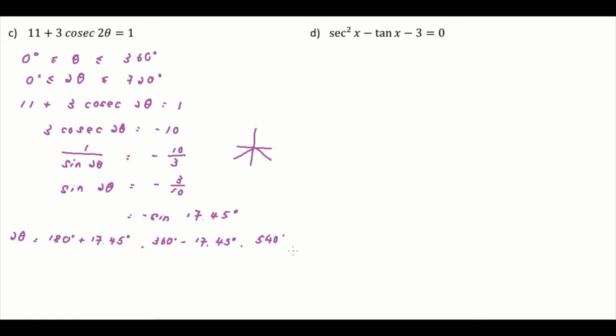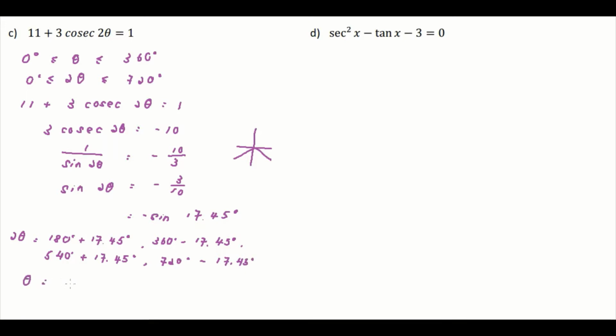Sorry, I should write over there. Okay, 540 plus 17.45. Then the last one is 720 minus 17.45. Okay, so you get all this value.